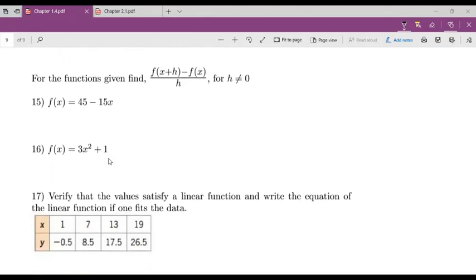Alright, so for the functions given below, find f of x plus h minus f of x over h, for h not equal to 0. Okay, so all you're doing here is plugging x plus h in for x. So 45 minus 15 times x plus h.